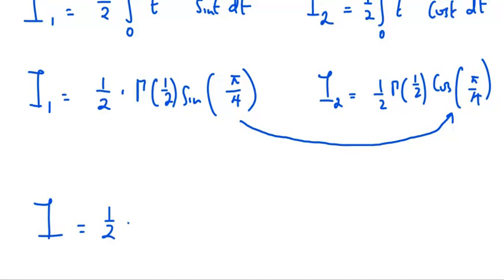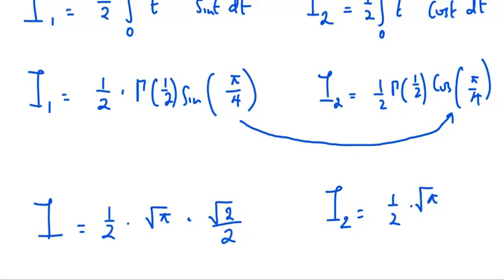So this is going to be square root of pi, then multiplied by square root of 2 by 2. Forgive me, friends. And here, I sub 2 is going to be 1 by 2, the same thing, square root of pi, and then square root of 2 by 2.